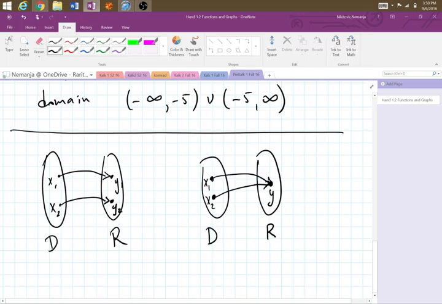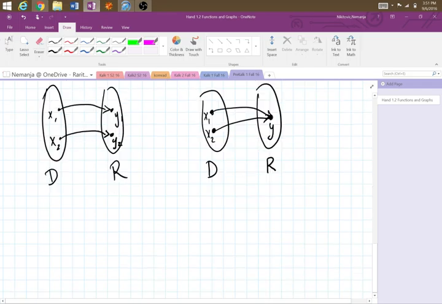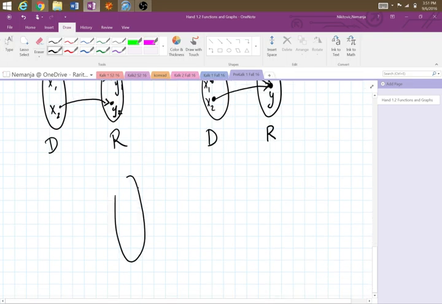You look at x, and you see if it produces a unique y. So this x produces only one y. This x produces only one y. So it's cool. All right? Here is the one that we can look at.